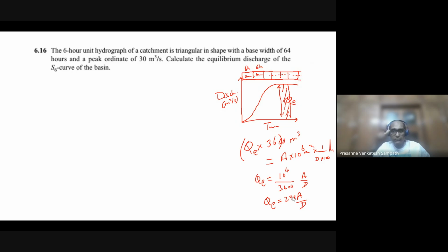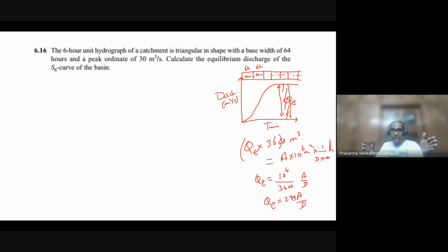1 centimeter. Okay, so 1 centimeter of excess rainfall produced the unit hydrograph. Therefore, I can compute the volume of runoff produced by 1 centimeter of excess rainfall by multiplying A, the area of the catchment, with 1 centimeter, and then equating that with the area of the triangle. Now I know the dimensions of the triangle.